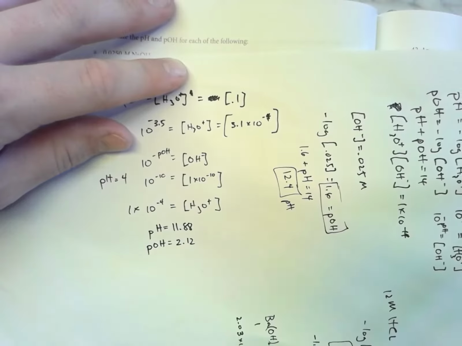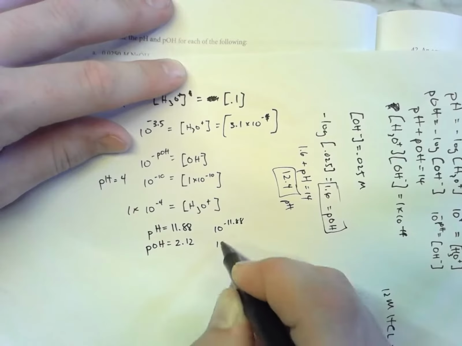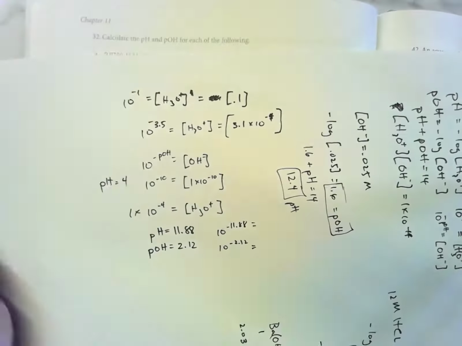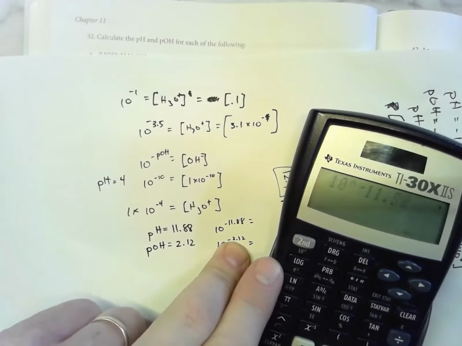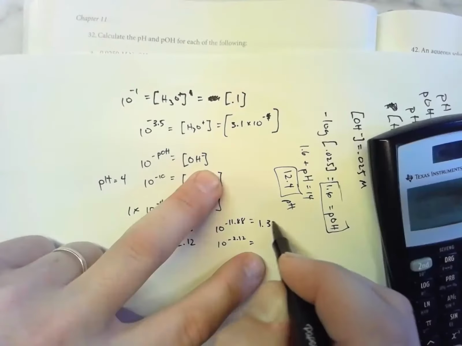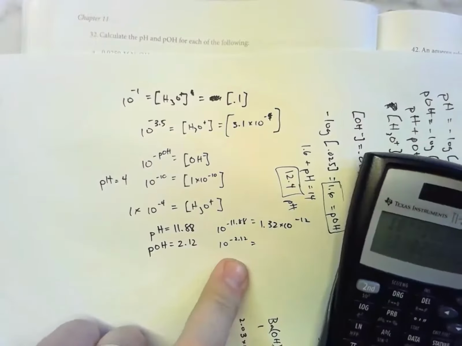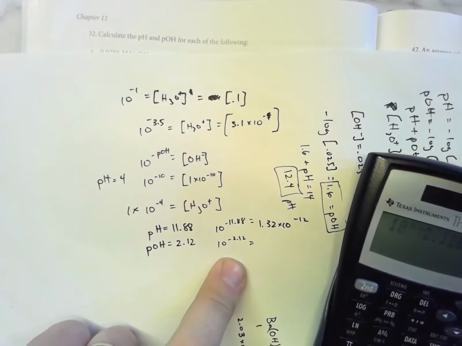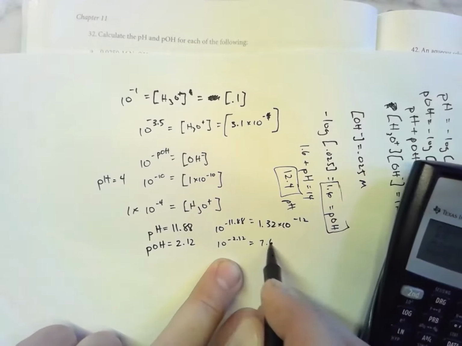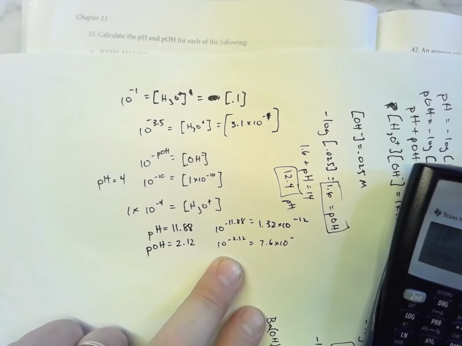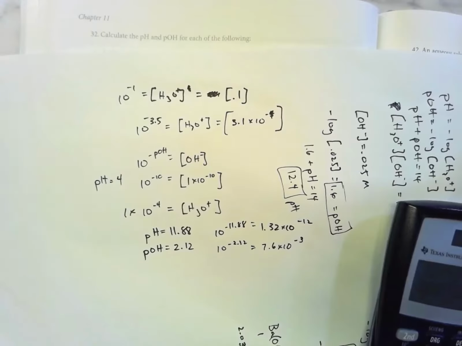All right, and then just take the 10 to the negative 11.88, 10 to the negative 2.12, and what is that rewritten in proper scientific notation? 1.32 times 10 to the negative 12th is our concentration of H3O plus, and 10 to the negative 2.12 is equal to 7.6 times 10 to the negative 3. And that is how you solve those.